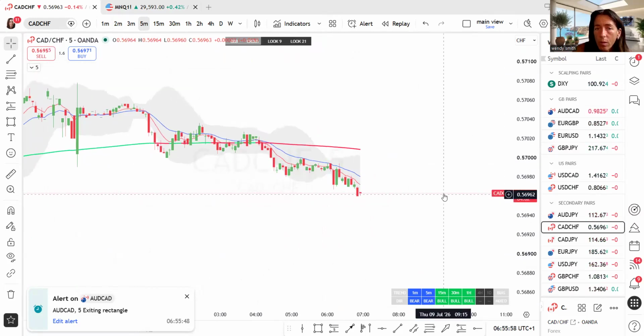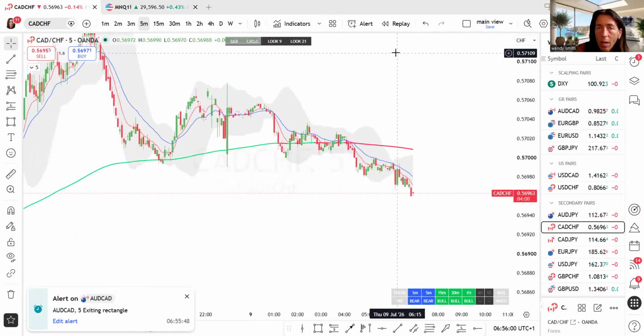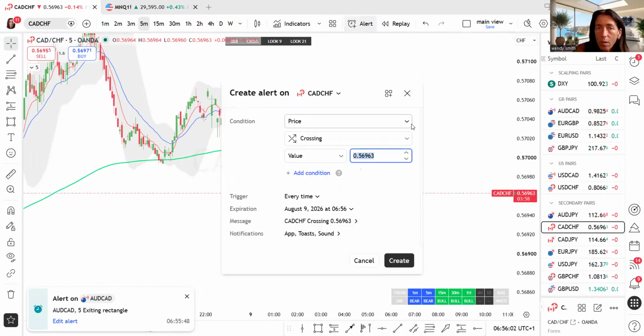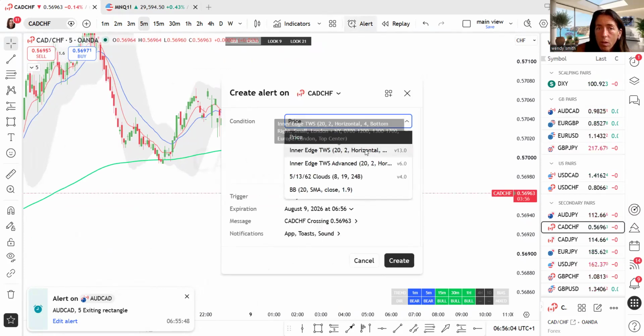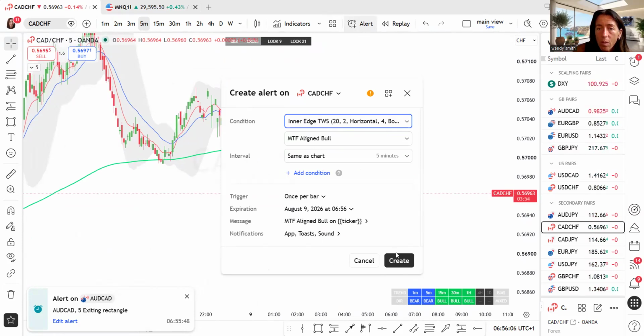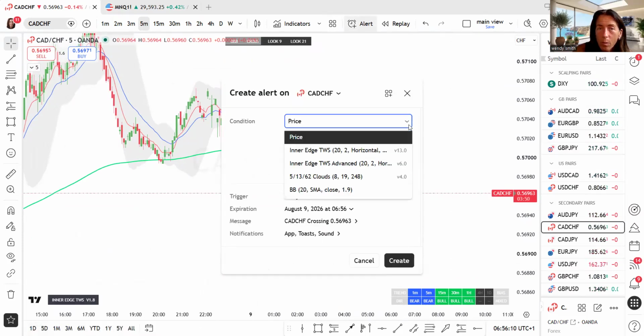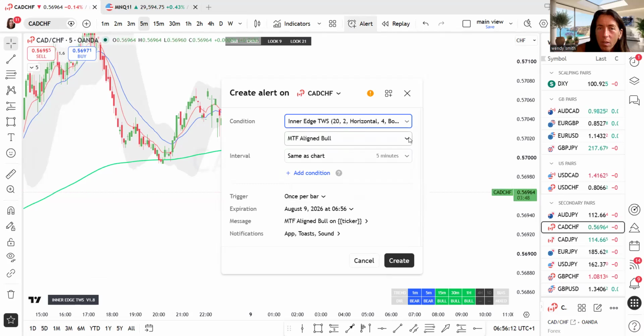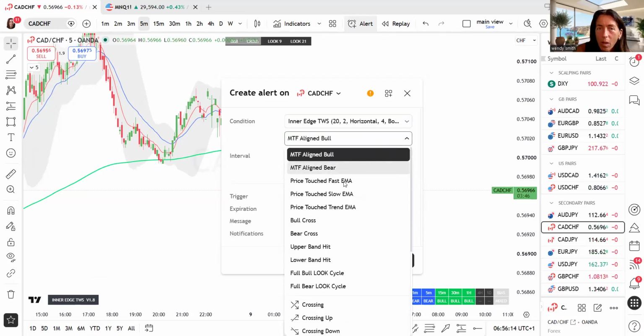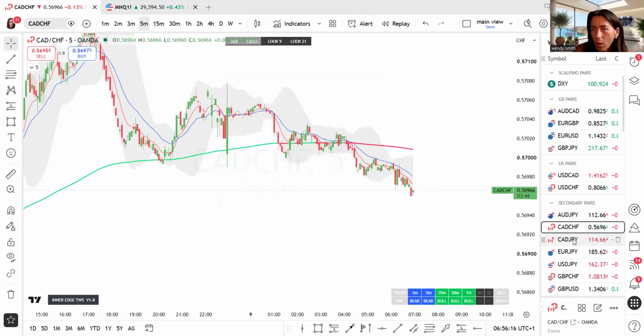So again, with that one, you've got a handy little tool on this inner edge. You can just go for MTF aligned bull. And if you've got enough alarms, you can go for MTF aligned bear. So you get one or the other. Just wait, bit of patience.